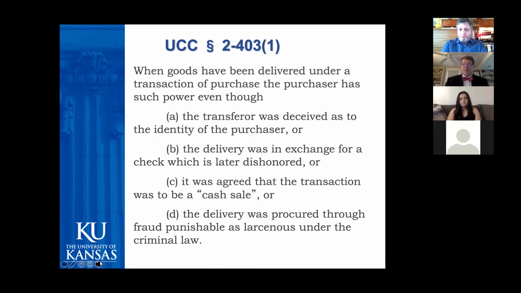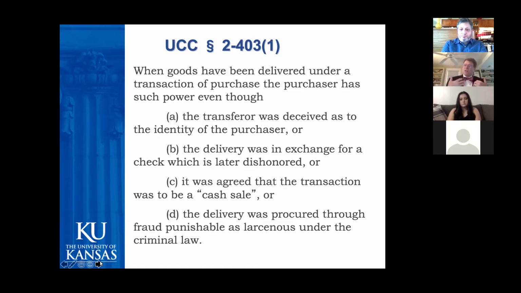In this particular case, a check that was later dishonored, right? So we have this transaction of purchase, which is a voluntary transfer, coupled with a swindle, in this case a bad check. That would be contrasted with things which are not transactions of purchase, such as a gun to the head, give me your gun. That's not voluntary in any way.